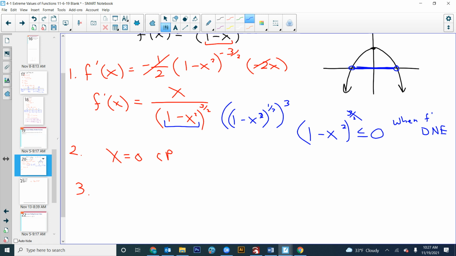So step 3 is intervals of where the derivative doesn't exist, not sharp points where the derivative didn't exist. Okay? So already considered in the domain.